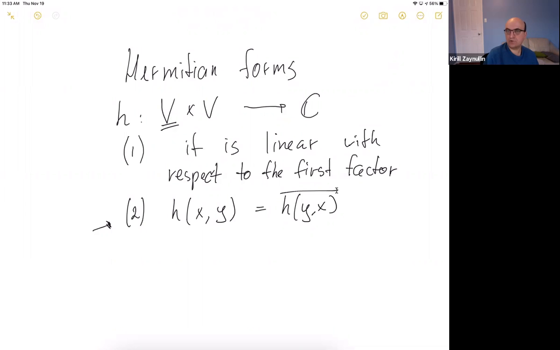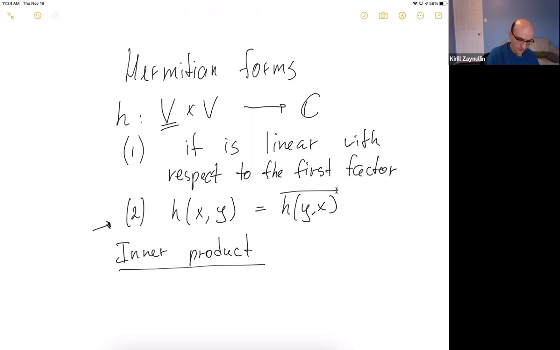And last time we produced a couple of examples, and there was an important example dealing with inner product. Again, let me stress that inner product is an example of a Hermitian form.